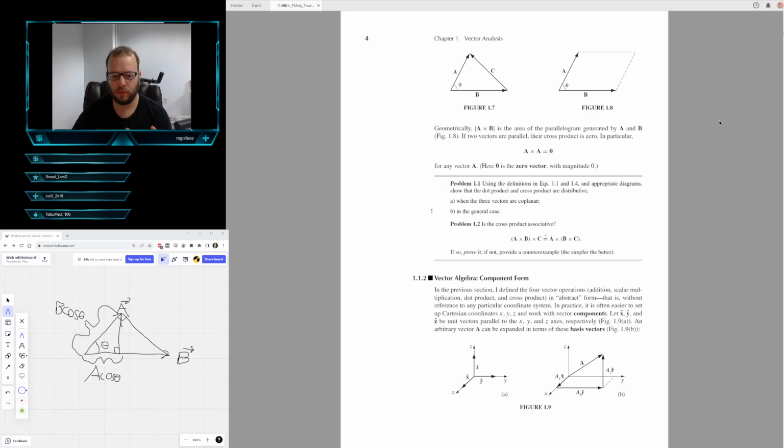Let's move on to components. Components are simply the linear breakdown of a vector.